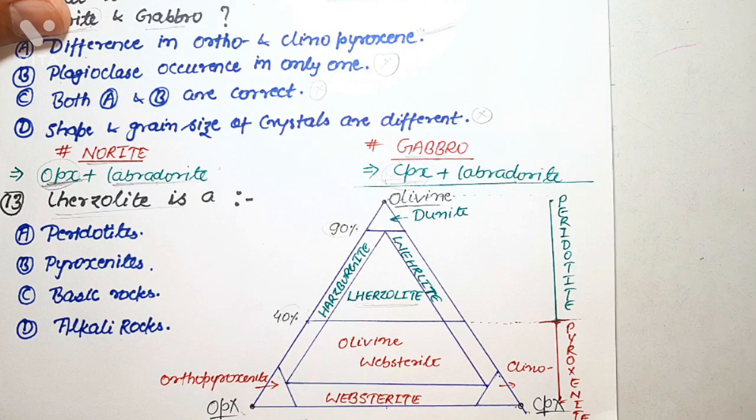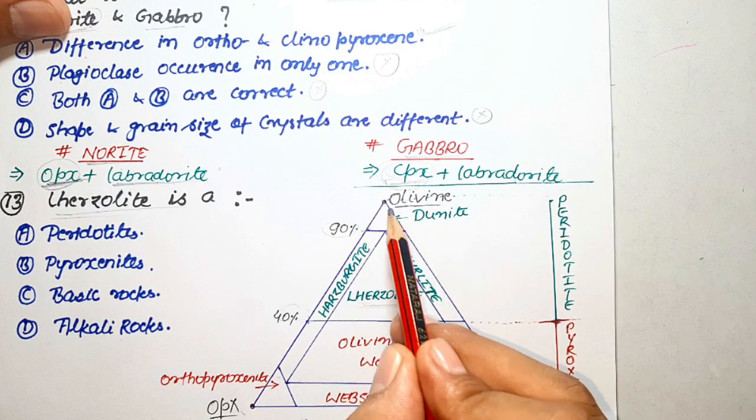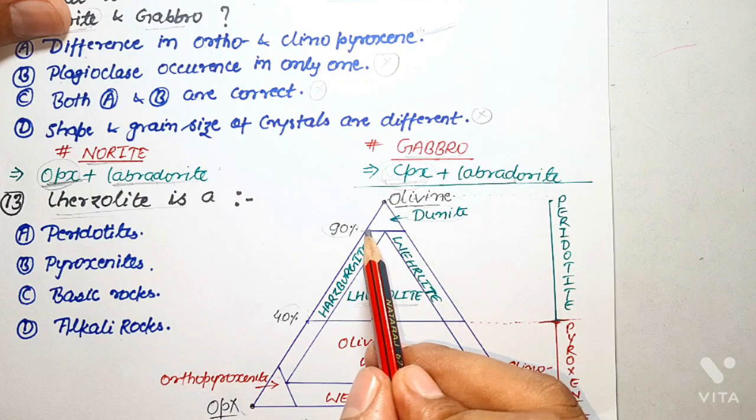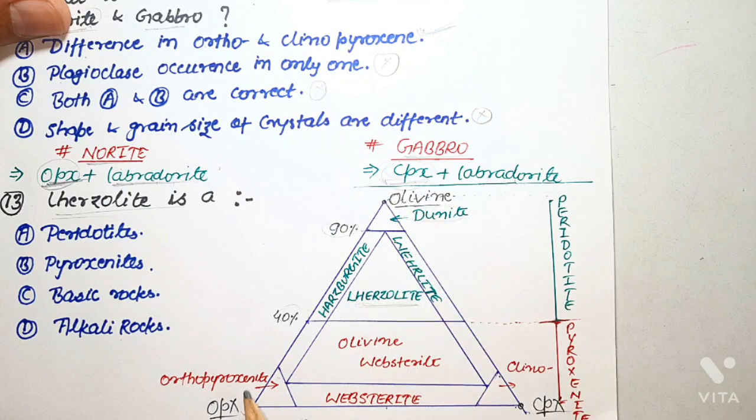Now these three corners: this is dunite, which is a monomineralic rock containing greater than 90% olivine. This is orthopyroxenite, also a monomineralic rock containing greater than 90% orthopyroxene. This is clinopyroxenite, also monomineralic, containing greater than 90% clinopyroxene.